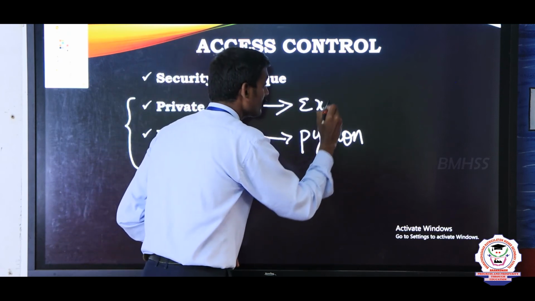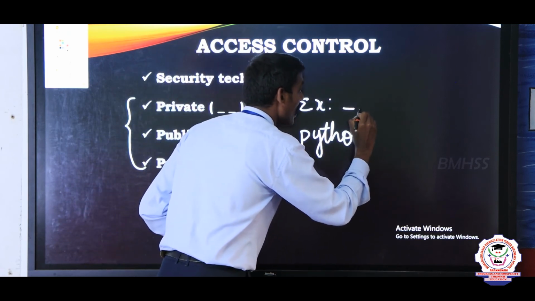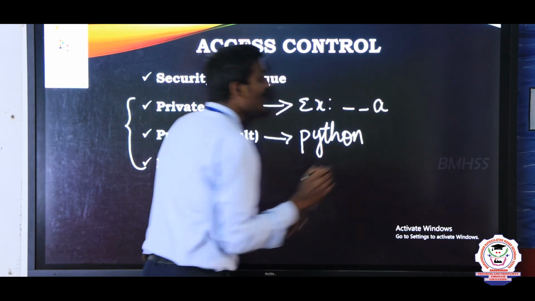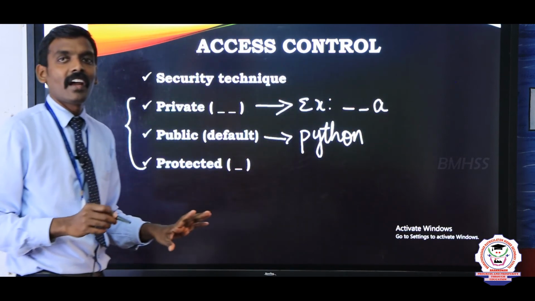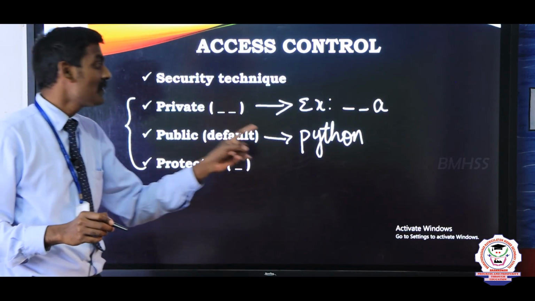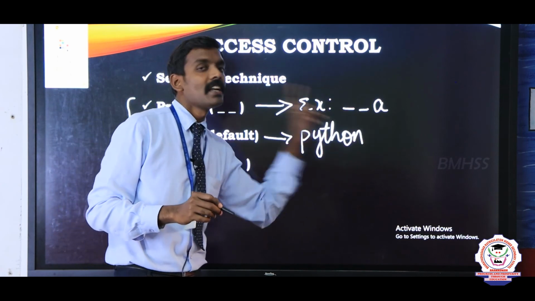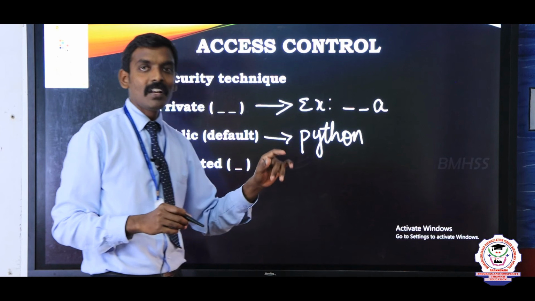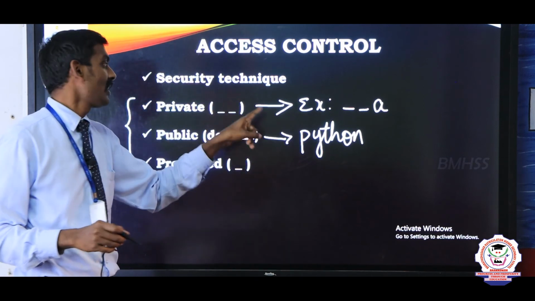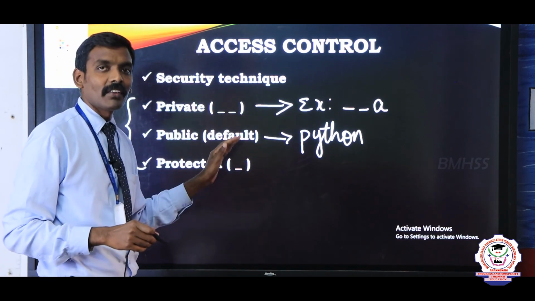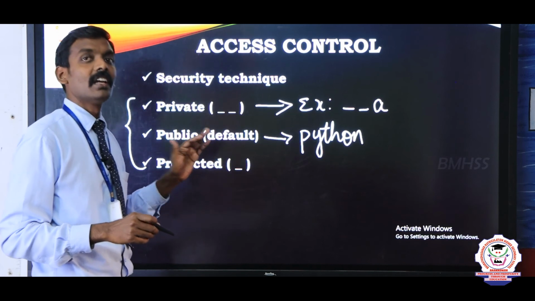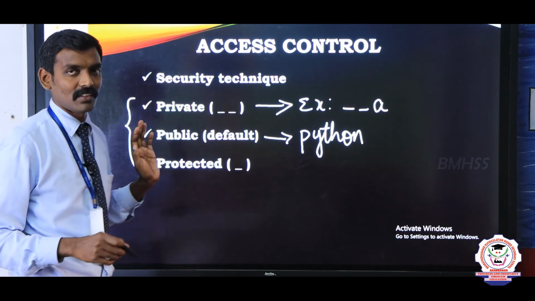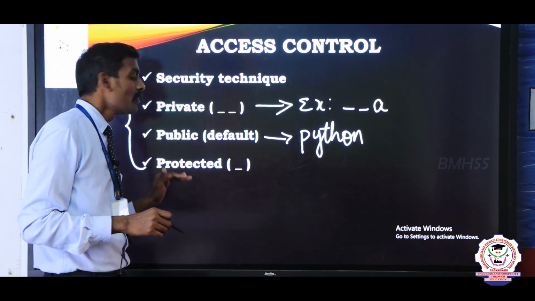Example, double underscore a. Here a is treated as a private variable. That means preceding it we have a double underscore. It can be accessed only within a particular class or within a function, and it cannot be accessed outside. Are you clear?